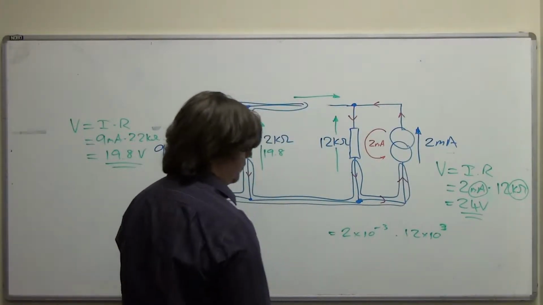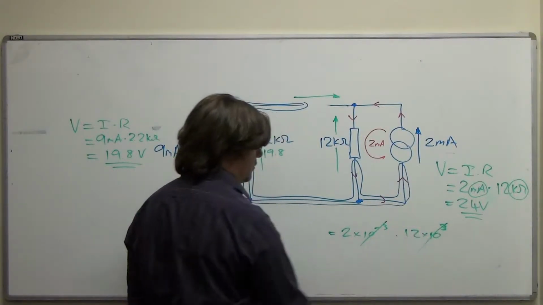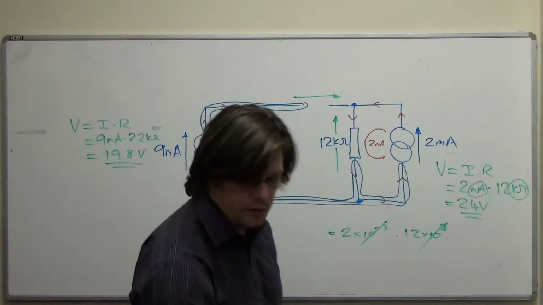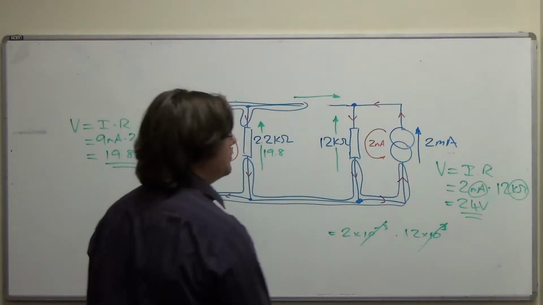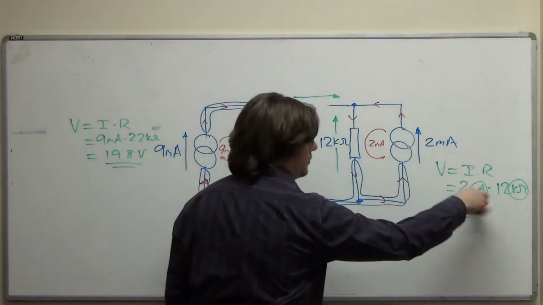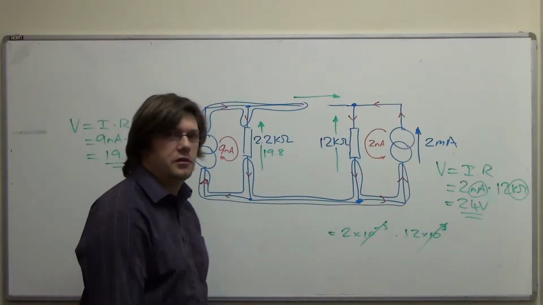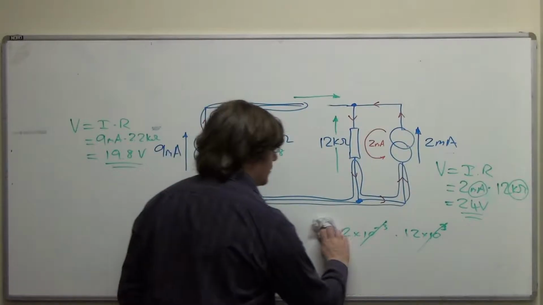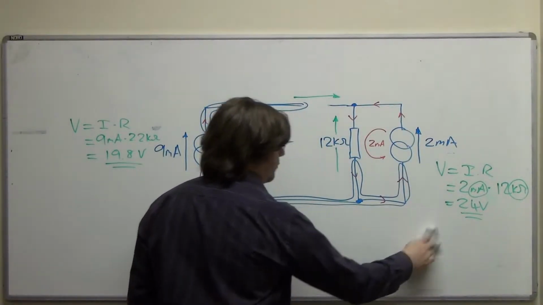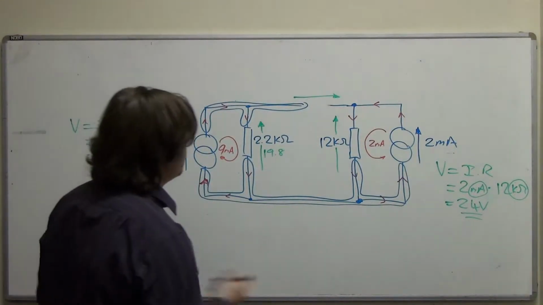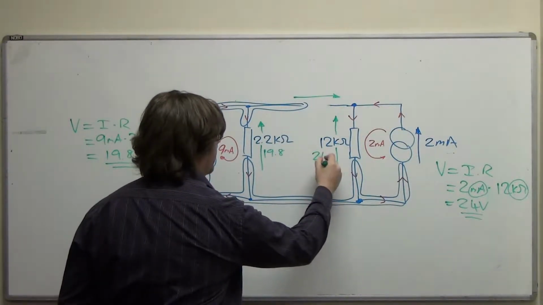And then you go, well, look, that and that cancel, so I've got 2 12s is 24. It's entirely up to you. The only difficulty is, if you start writing it out like this and you forget what the units are, you can end up with megavolts when you want millivolts and all sorts. But it certainly does save a lot of time. So we've got 24 volts across here.